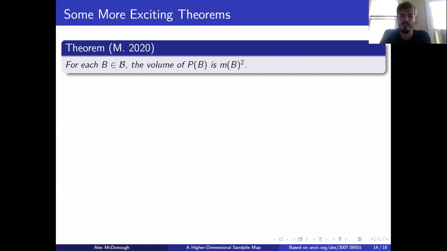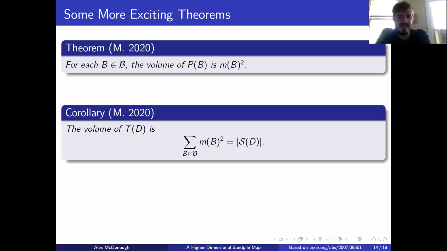But using that, you can work this out pretty quickly. But then what this means is that the volume of the tile, because none of the pieces overlap, must be exactly the sum of the multiplicities squared. And if you recall from the cellular matrix-tree theorem, this is the size of the sandpile group. So we have a tile that's the same size as the sandpile group.